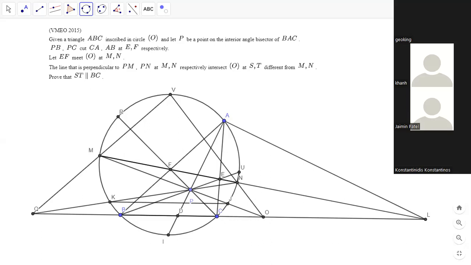All right, I think we're pretty close here to figuring out a couple more things.